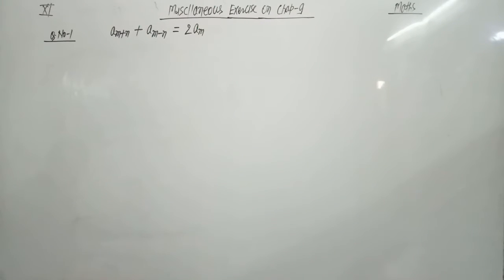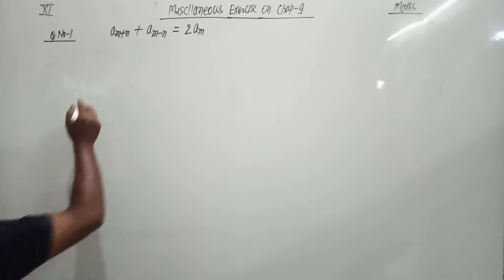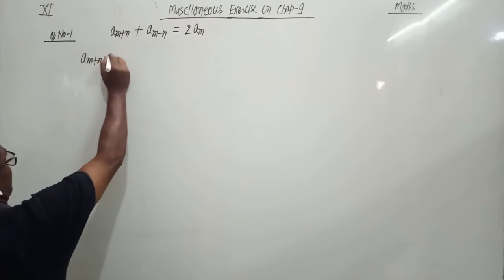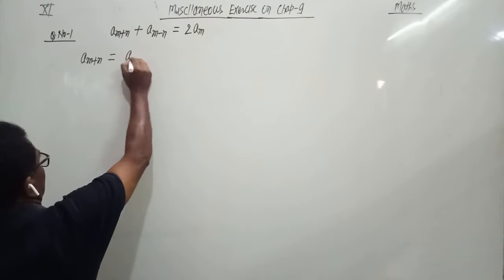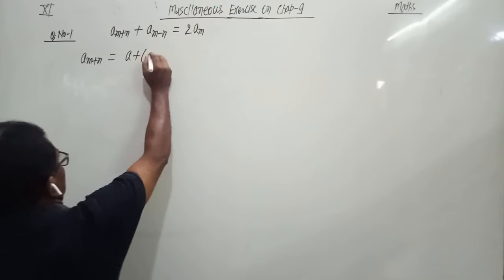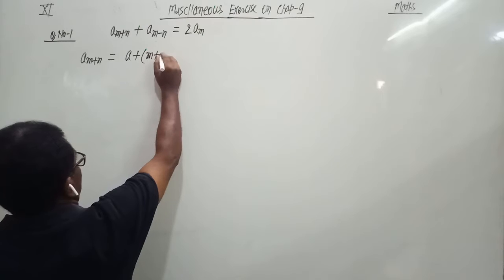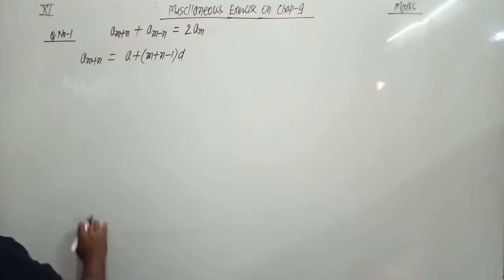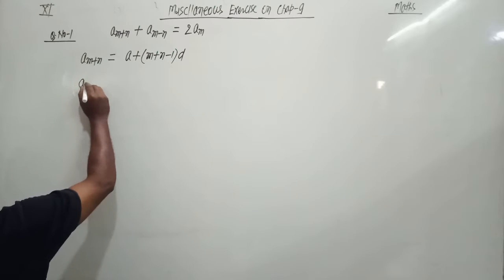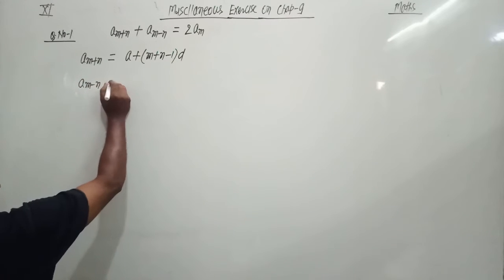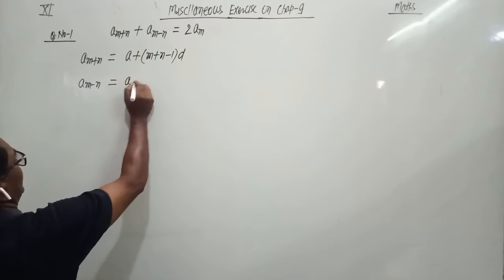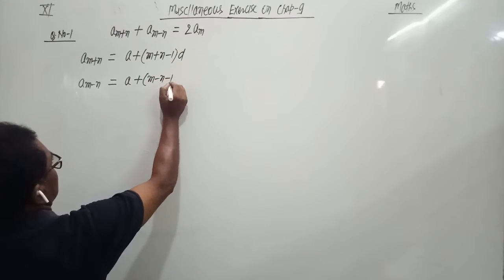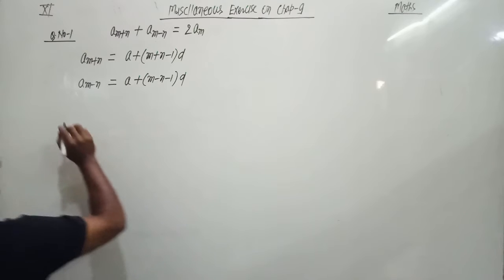So the m plus nth term of AP, a m plus n, equals a plus m plus n minus 1 into d. Then we calculate a m minus n, so a plus m minus n minus 1 into d.